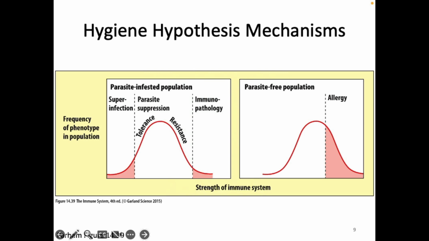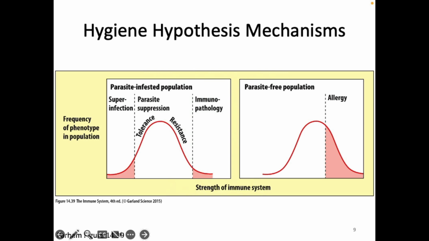And so if everybody in the population is infected with a parasite, then the whole population bell curve is going to be a bit lower. As a population, we're going to have a somewhat lower immune response than a population who didn't have parasites. And if our whole population has this lower bell curve, then only a small number of us are going to be at the really high level of immune responses that would lead to allergies.